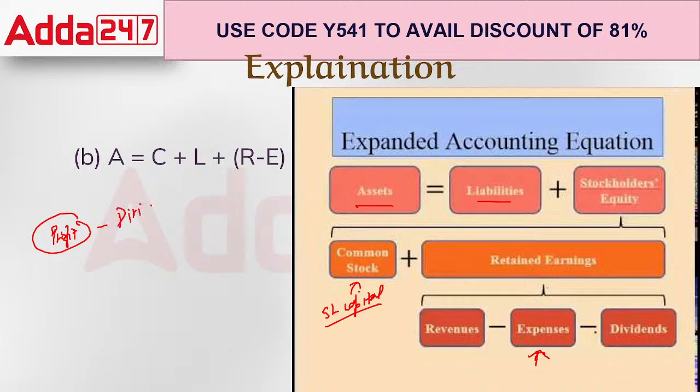The amount which is kept for the future is called accumulated retained earnings. So basically, it is the profit minus whatever we are giving as dividends. Normally, in the capital only we add the profit for that particular year. This is the extensive form of the equation.